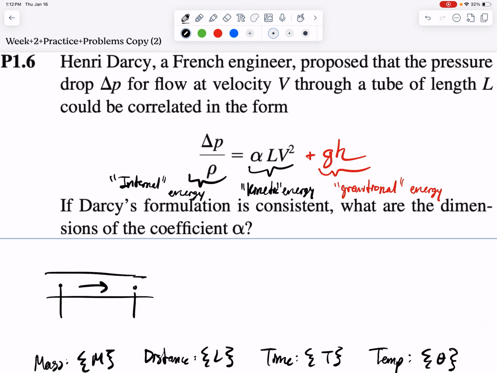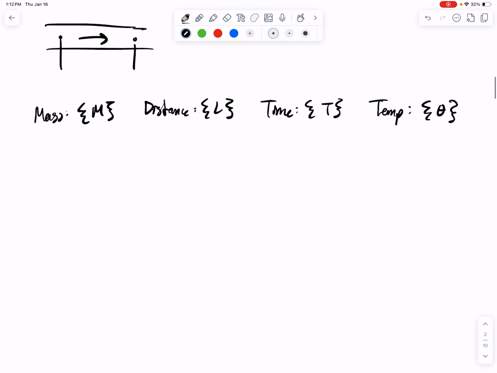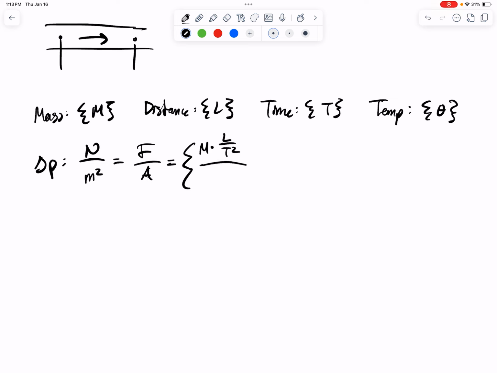So, yeah, in this equation, we have 4 variables that we're looking at and 1 unknown. So we have delta P, which is pressure. In terms of SI units, it would be newtons per meter squared, which is a force over area. In terms of dimensions, that would be mass times acceleration, so M L over T squared, and area is just length squared.